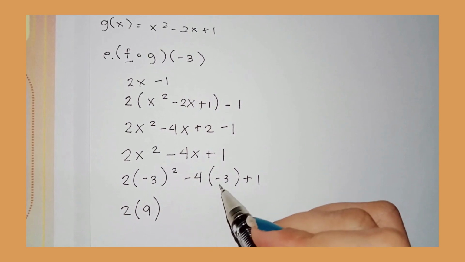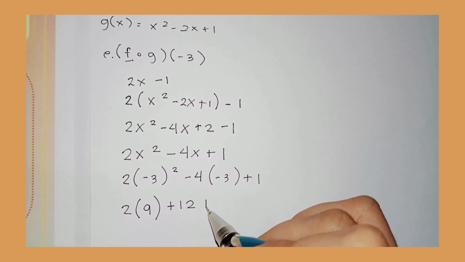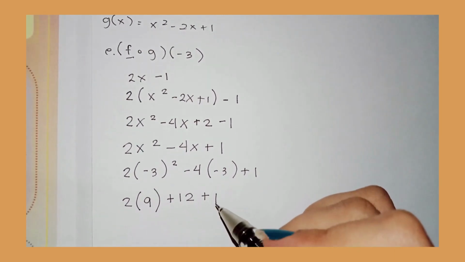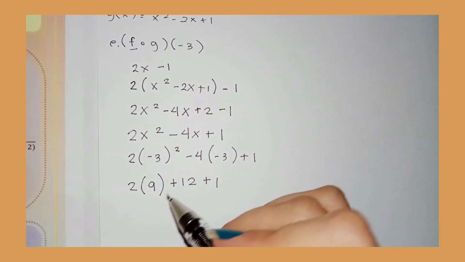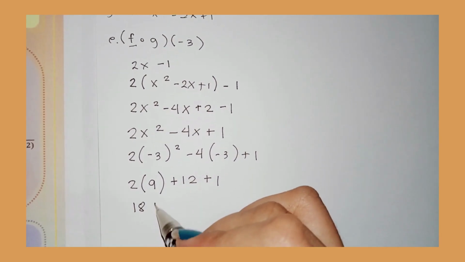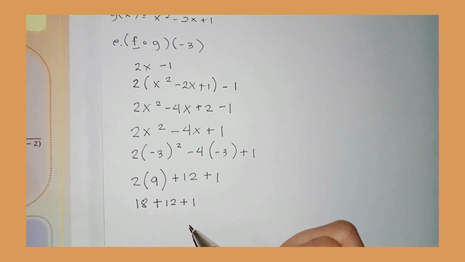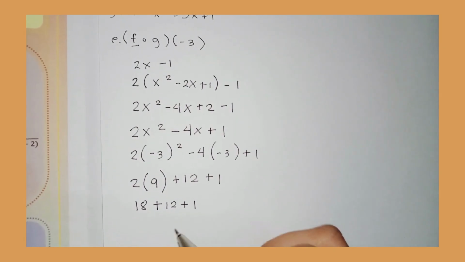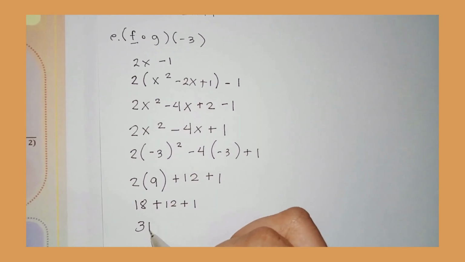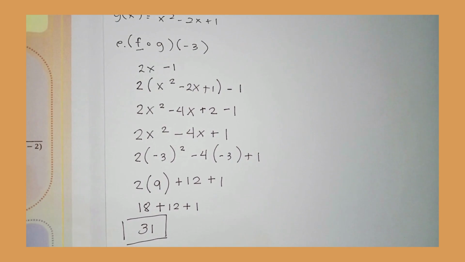Next, negative 4 multiply to negative 3 is positive 12. Then, copy positive 1. Next, simplify ulit. 2 times 9, that is 18. Then, copy plus 12 plus 1. Add natin 18 plus 12 plus 1. The answer is 31. This will be our final answer.